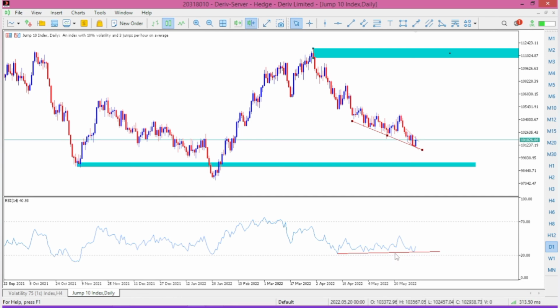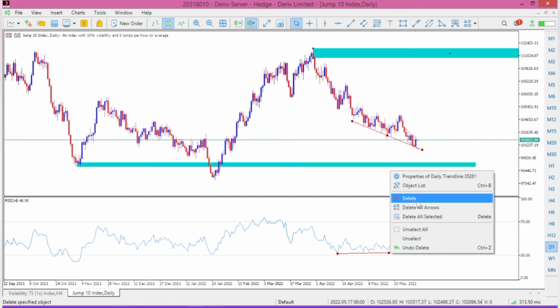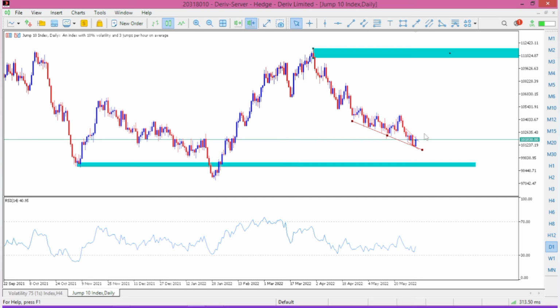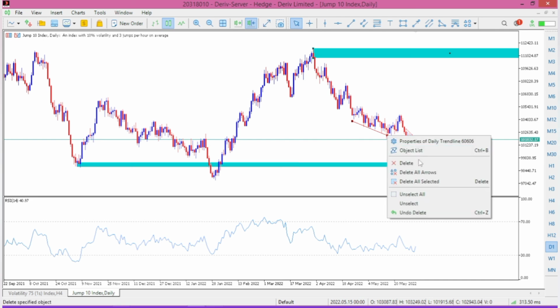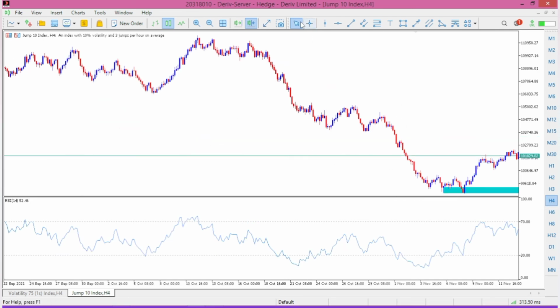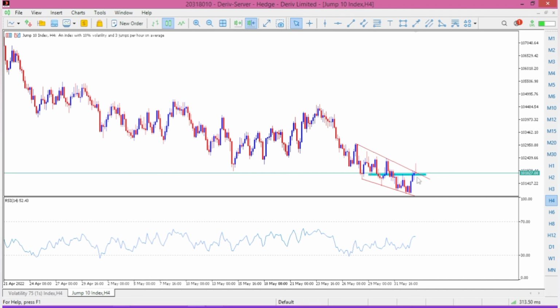So it's a good indication that sooner or later price will reverse to the upside. But that depends on the movement of price on the 4 hour time frame. That's why we have to wait for a clear close of a bullish candle above this trend line, because this is a falling wedge, and the anticipated direction of the breakout should be to the upside.